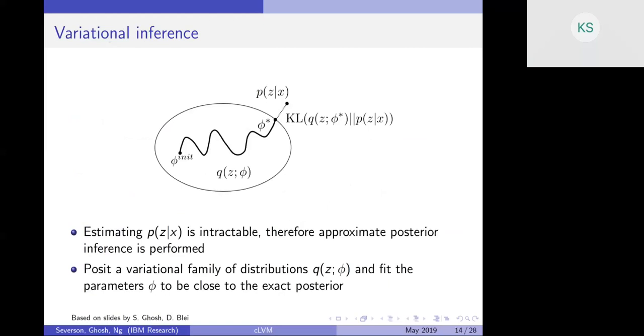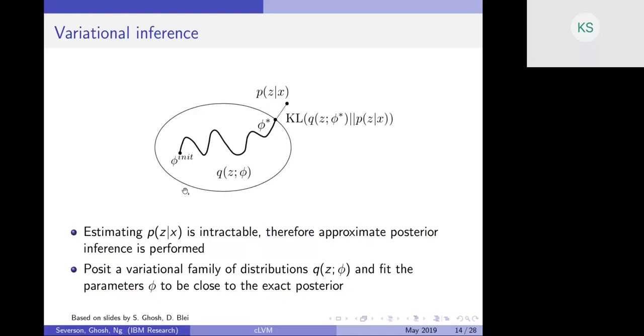What variational inference effectively is, is an approximate posterior over this P of Z given X. So in variational inference, what we do is we say we're going to assume that posterior comes from some variational family of distributions that we'll approximate using Q. And then we're going to fit the parameters of that distribution, phi, to be close to the exact posterior.